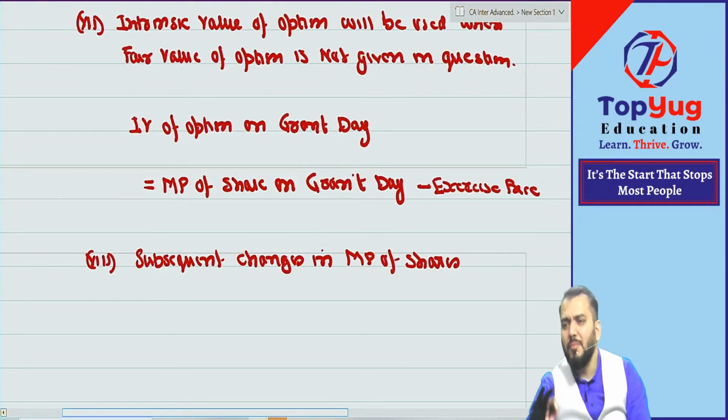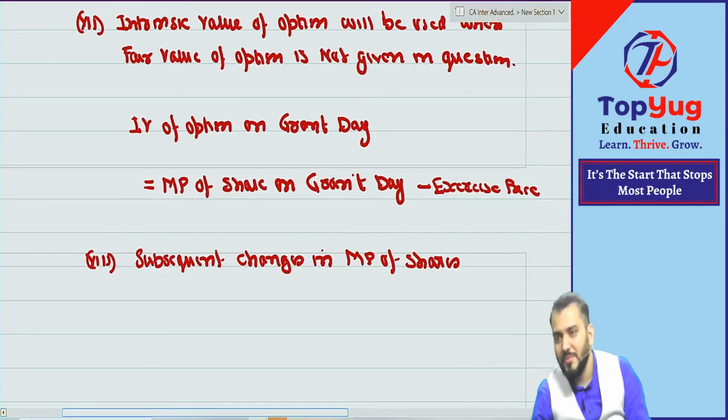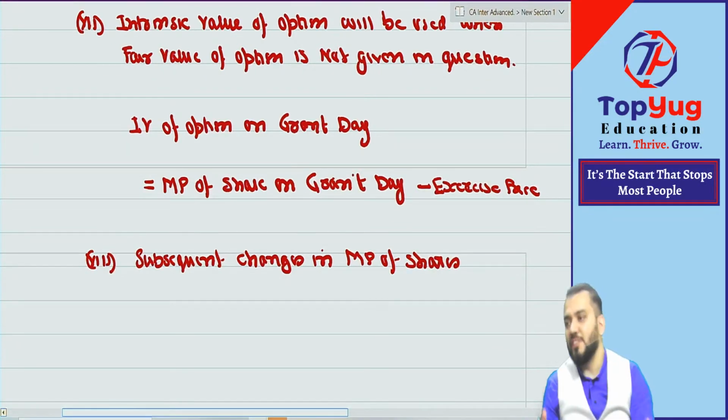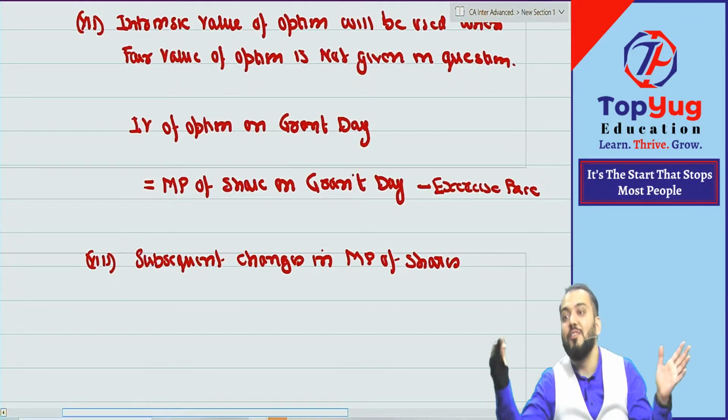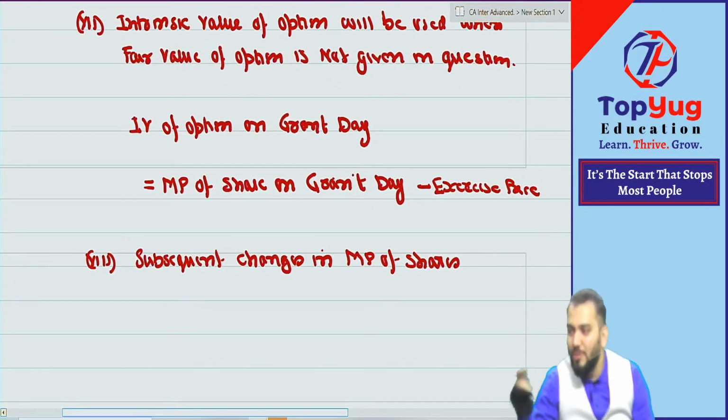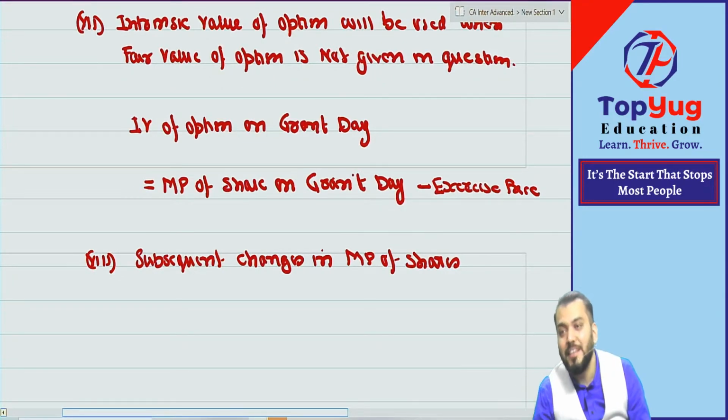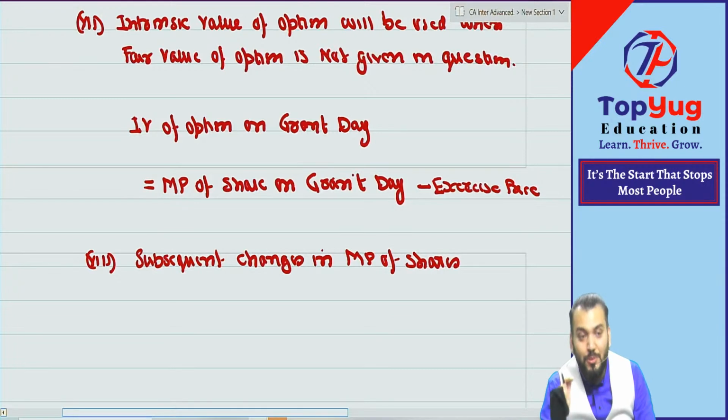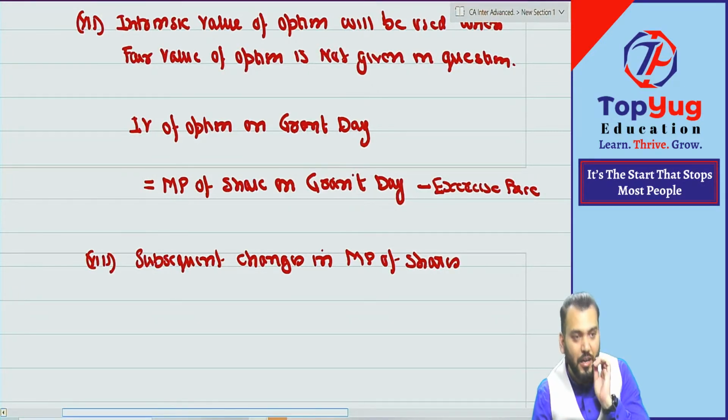Can the market price subsequently change? It will definitely change. Market price may change every day. Now one doubt will come: sir, if market price will change subsequently, so intrinsic value will change. So should we do reassessment of intrinsic value? Understood what I am saying?